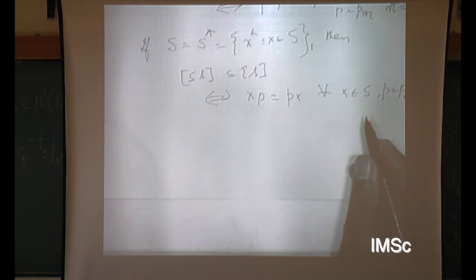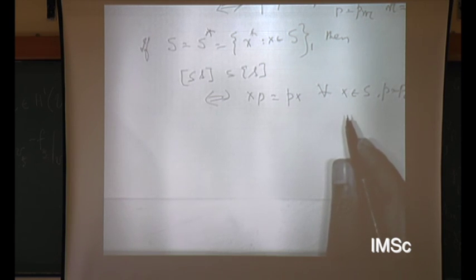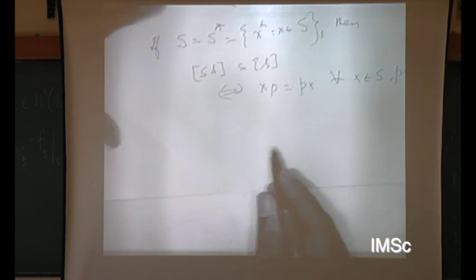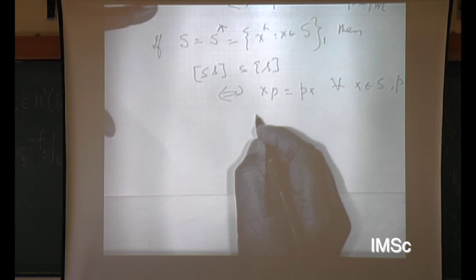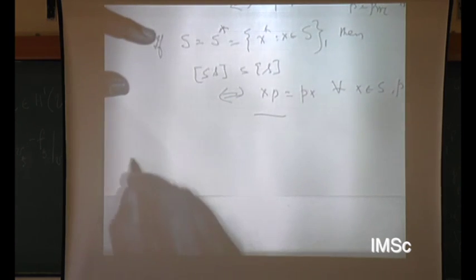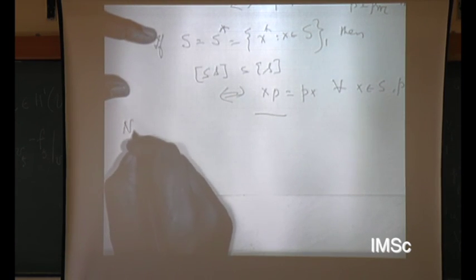Okay. So do I need to say anything more about this? Okay. Now let me introduce some notation. This has made this notation natural at this stage.